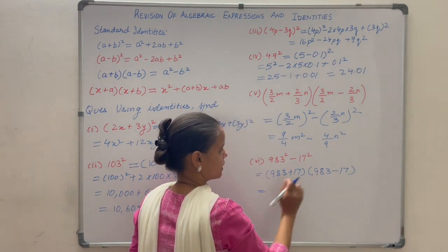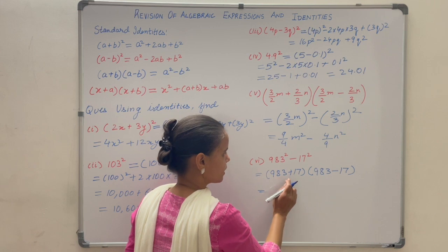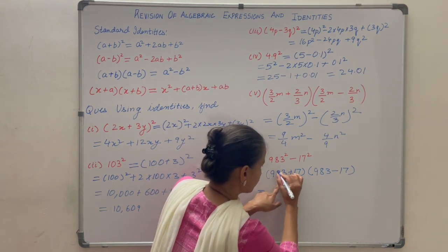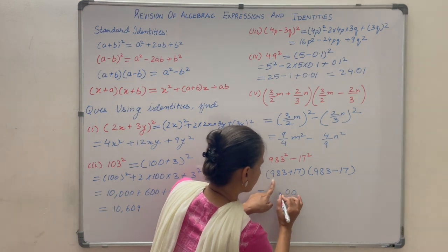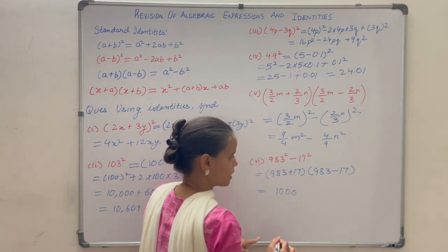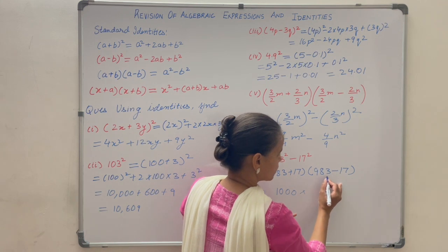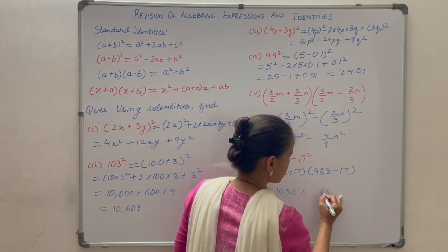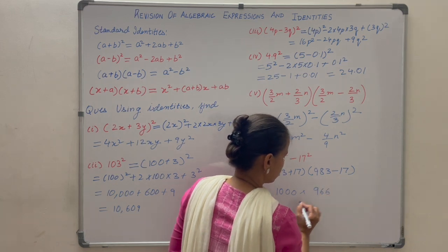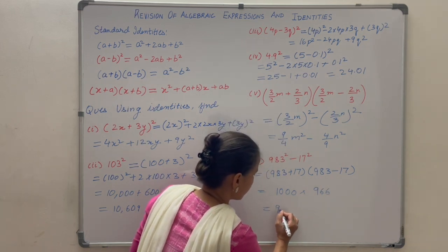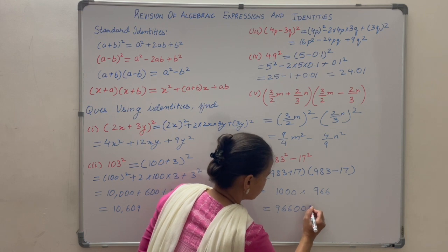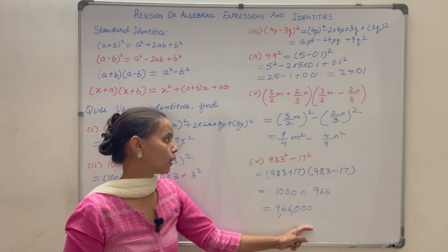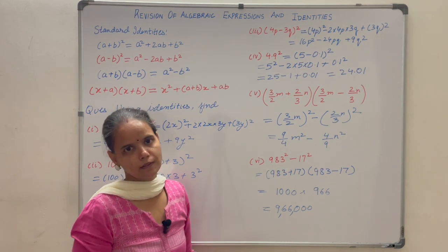So 983 plus 17: 7 plus 3 is 10, carry over 1. 8 plus 2 is 10, carry over 1. 9 plus 1 is 10. So 13 minus 7 is 6. 7 minus 1 is 6. And here you get 9. So that means you get 966,000 as the value for this question.